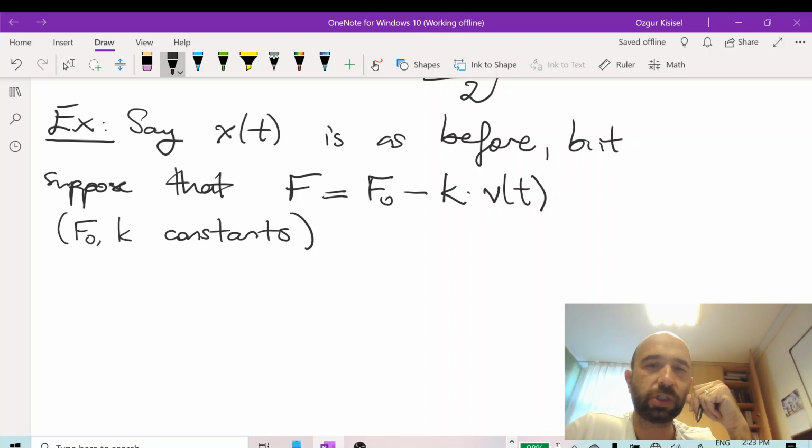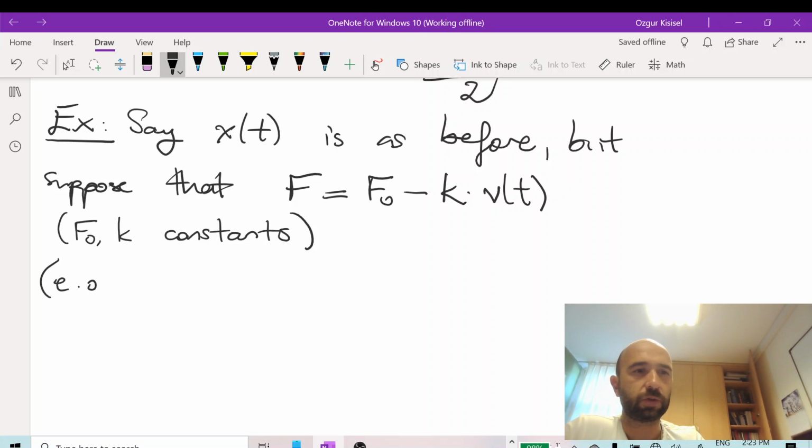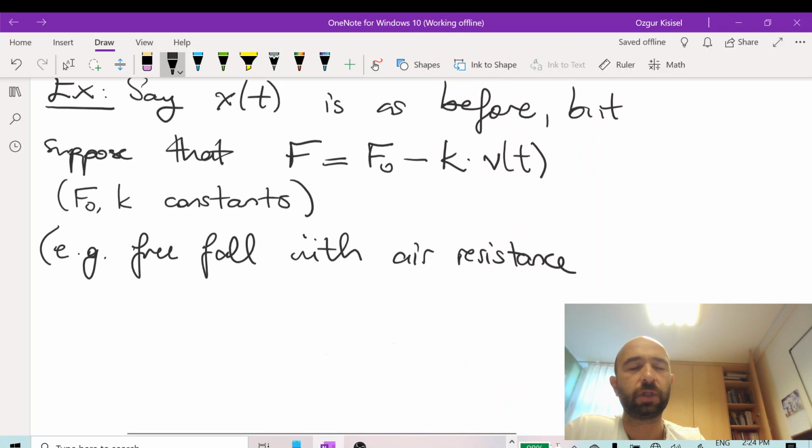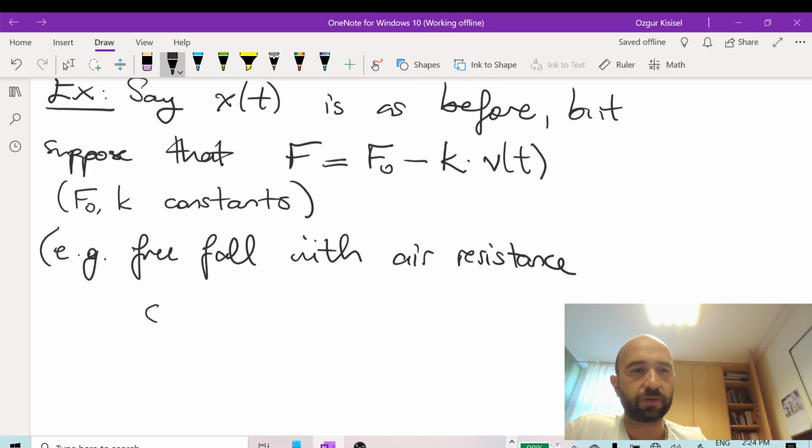Now, this is some situation which we can easily think about in physical terms. The example I want to give is free fall with air resistance. Now, this could be some model like that. You have some particle falling. Well, if it is falling without resistance, then the force on it is m times g.